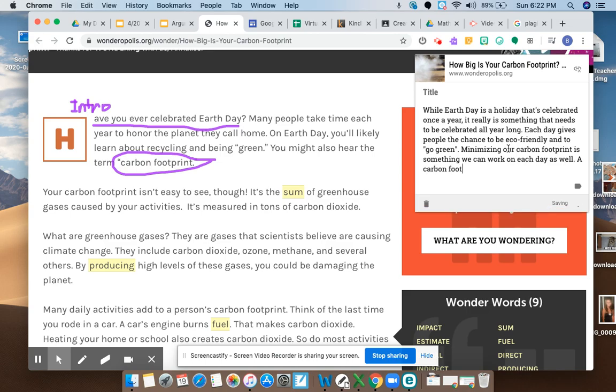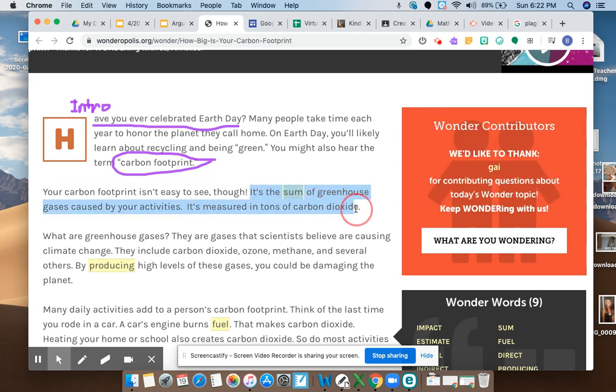A carbon footprint, and here, since it's the sum of greenhouse gases caused by our activities, it's measured in tons of carbon dioxide. That actually might be something that I put as a direct quote, in quotation marks.